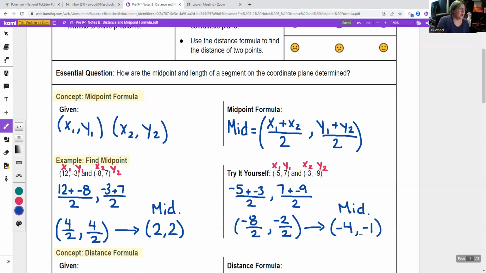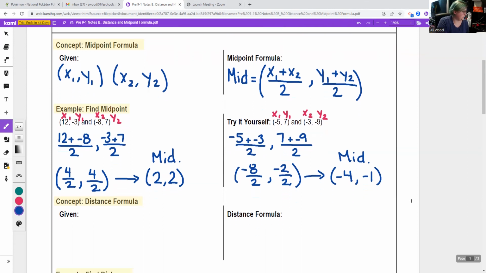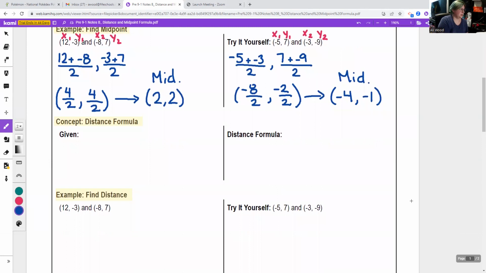All right. So now that we have reviewed midpoint, we're now going to go to the distance formula. So distance formula, given, just like with midpoint, 2 points, x1, y1, and x2, y2. All right, distance formula.